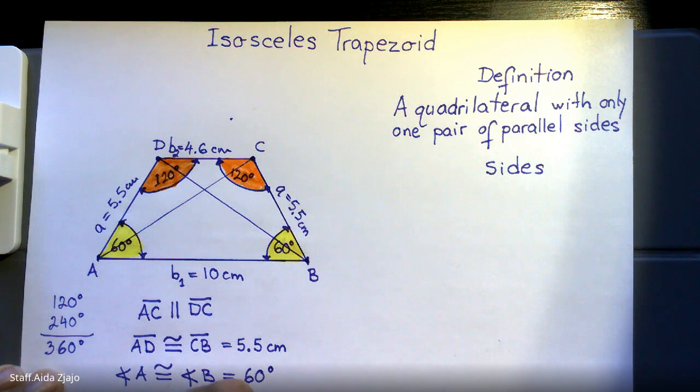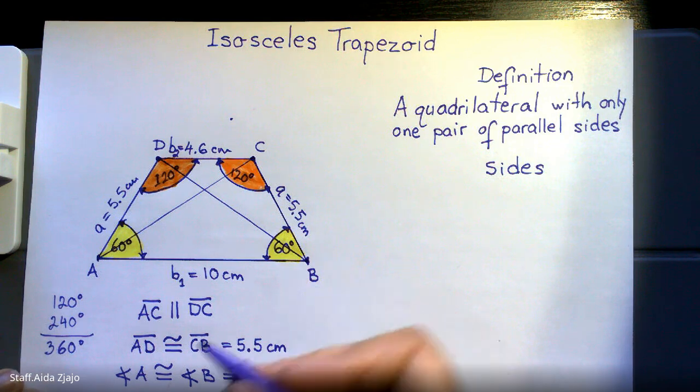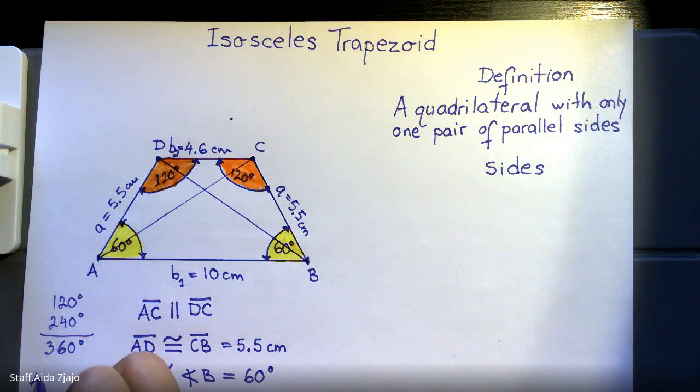And then we can say that angle D is congruent to angle C, and each of them is 120 degrees. We can say that line segment, for example, AB is equal to 10 centimeters, and line segment DC is equal to 4.6 centimeters.